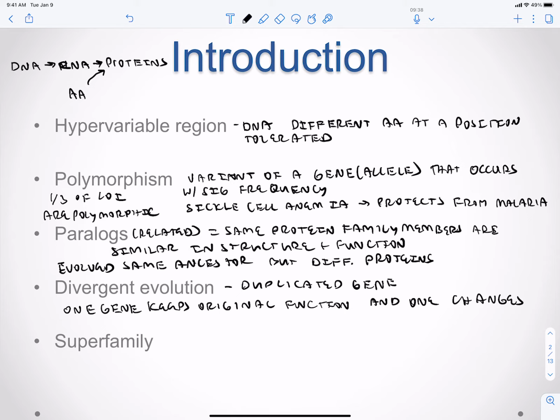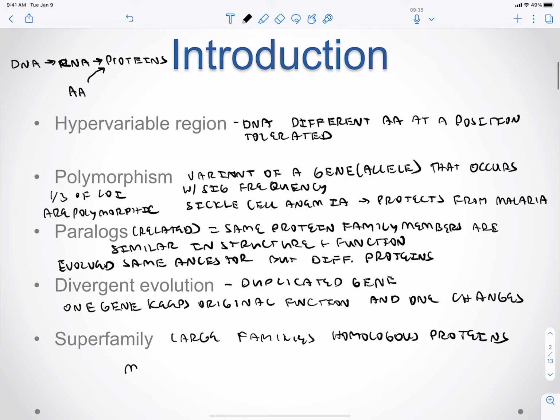We also have superfamilies, which are very large families of what we call homologous proteins. And the hemoglobin, myoglobin, are examples.